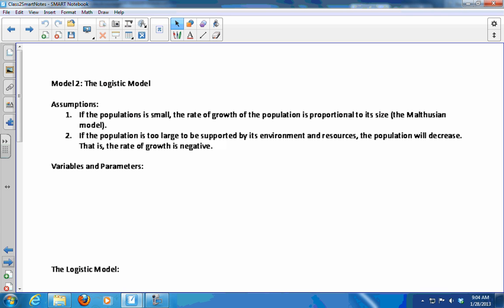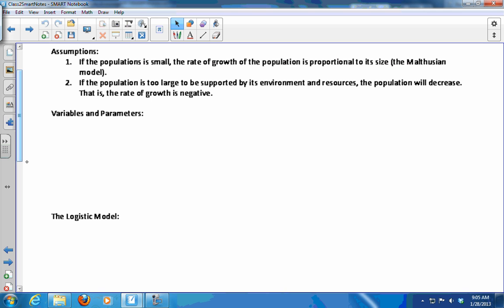That is, the growth rate will be negative. So we're now looking for a new model that's going to grow at a rate proportional to the population size when it's small, and the rate will decrease if it gets too big.